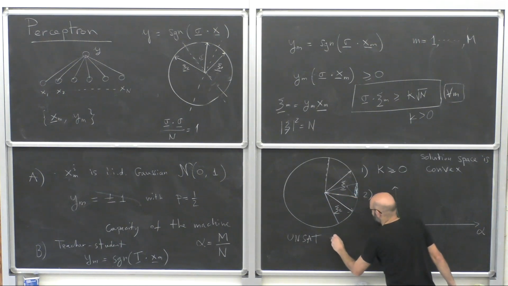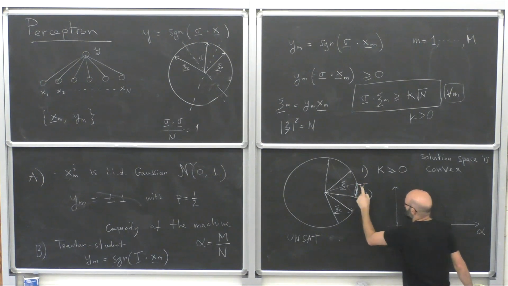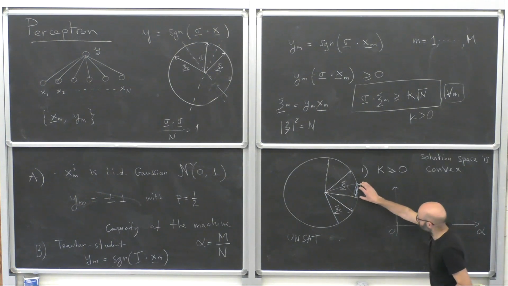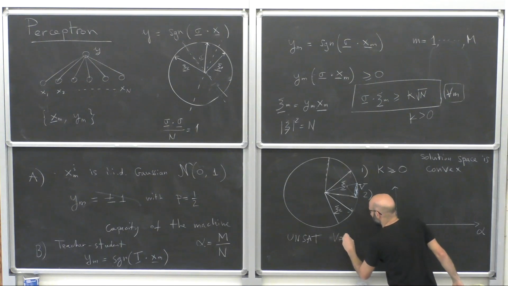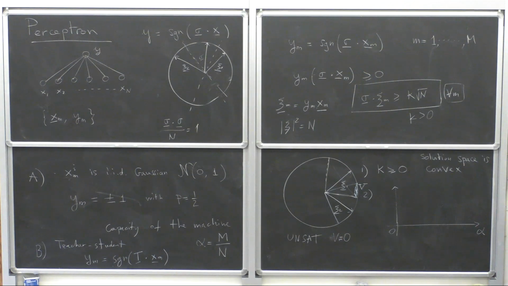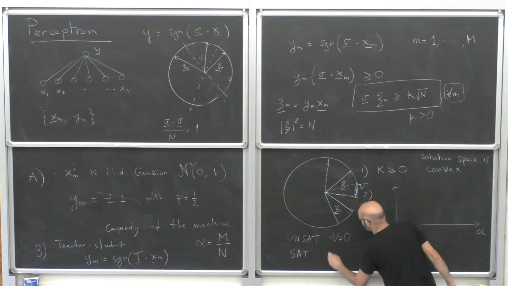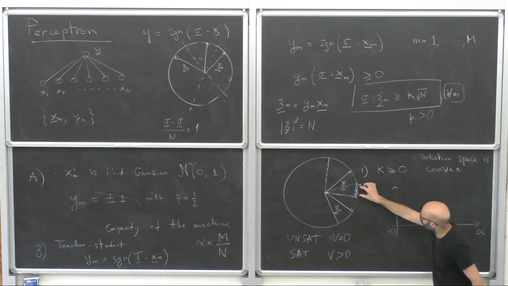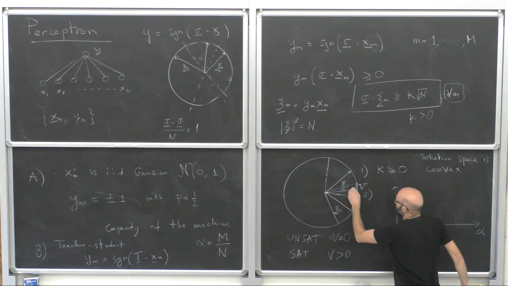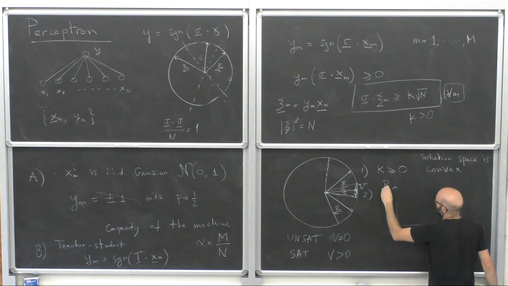Let's call V the volume of the space of solutions, so the intersection of all these spherical caps. If the volume is 0, then there is no solution and the problem is unsat. If there is a finite volume, then it means that I can take sigma here, and this is my solution. So what I can do is draw here the probability of being sat.